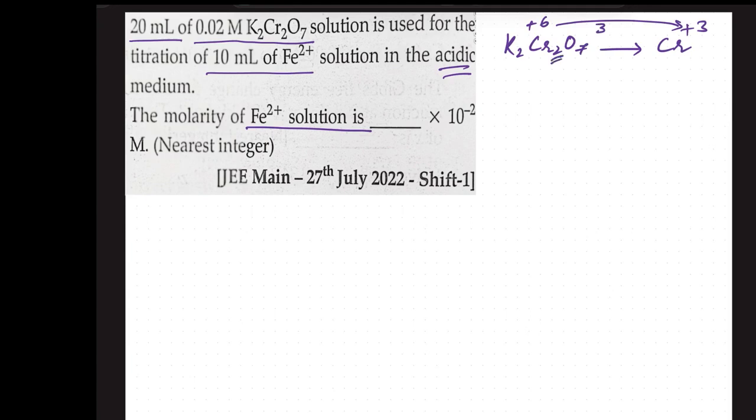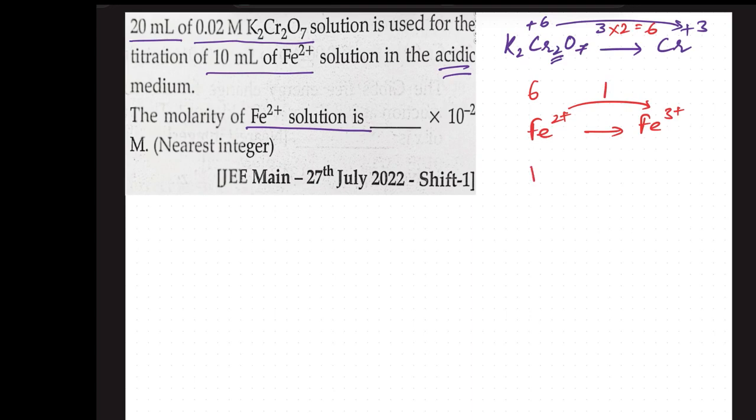So change in oxidation state for 2 chromium atoms will be 3 into 2, which is equal to 6. So the valency factor will be 6. Now Fe2 plus in the presence of K2Cr2O7 in acidic medium is getting oxidized to Fe3 plus. So change in oxidation state per atom of iron is 1. So here the valency factor of iron is 1.